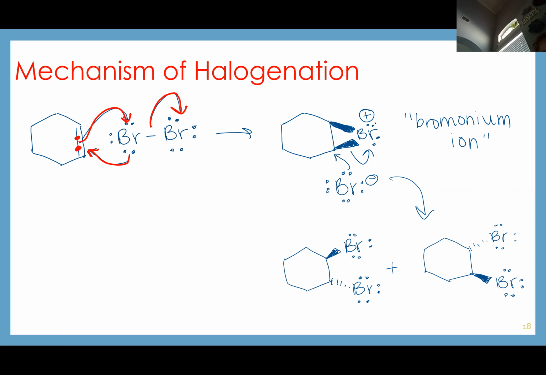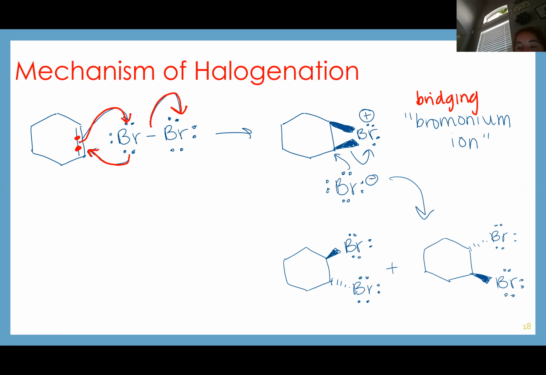This structure is called a bromonium ion because there's a positive charge on the bromine, and you will often hear the term bridging bromonium ion because it's bridging the two carbons together. Now that you have this, the bromonium ion is going to be a cis structure.